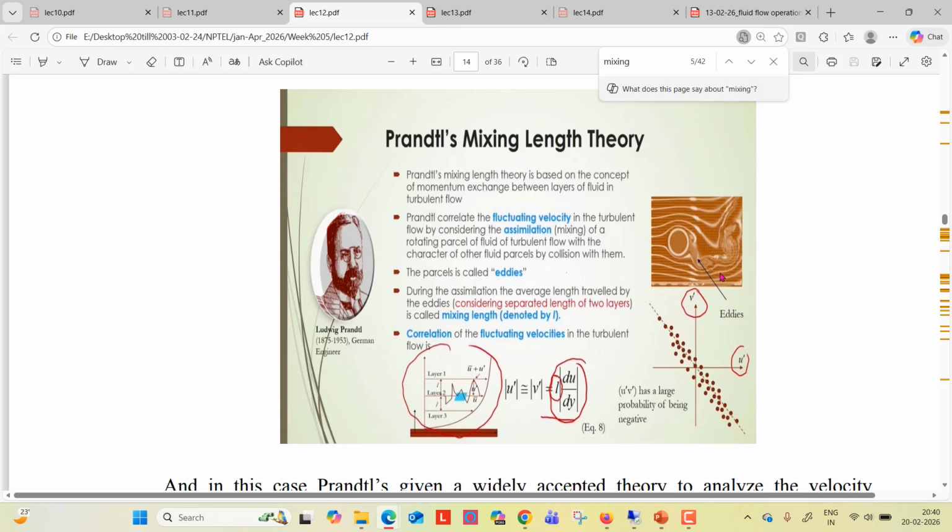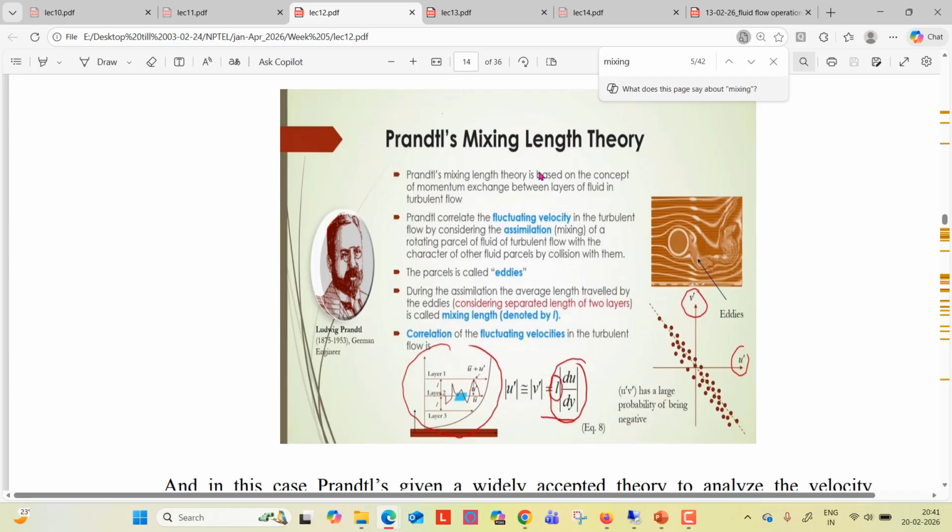Prandtl correlated the fluctuating velocity in turbulent flow by considering the mixing of a rotating parcel of fluid with other fluid parcels by collision. These parcels are called eddies, like this. During the assimilation, the average length traveled by the eddies is called the mixing length. So how these eddies are moving, and the average length of these eddies is the mixing length.